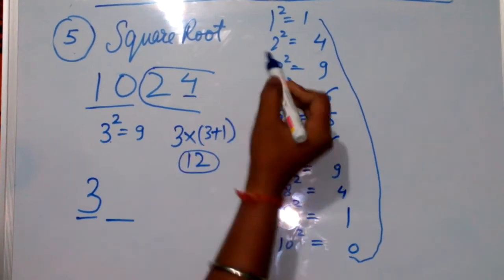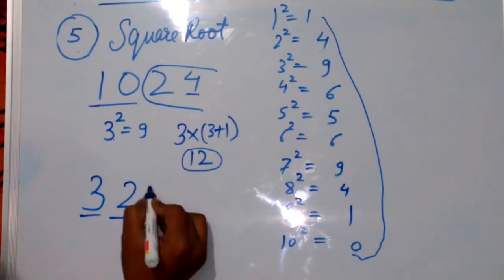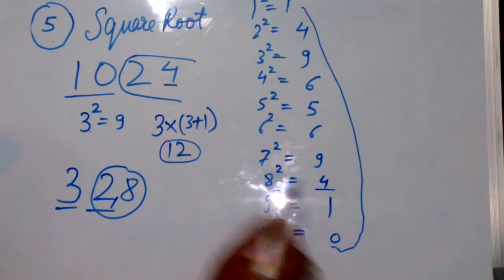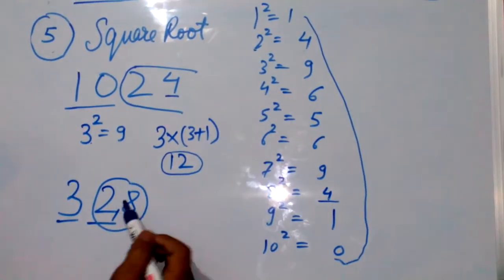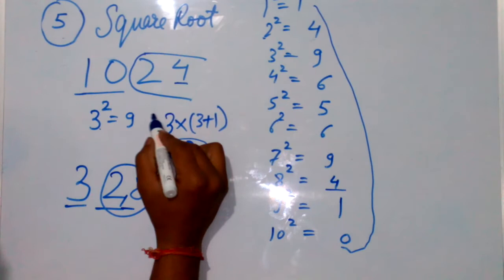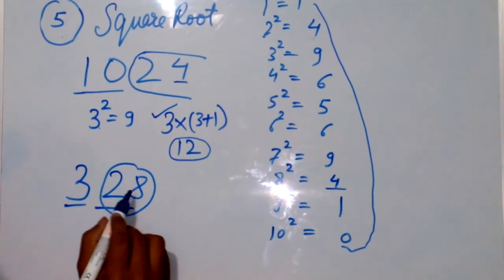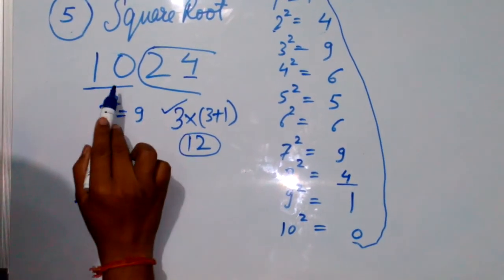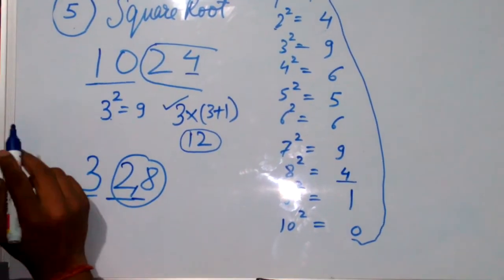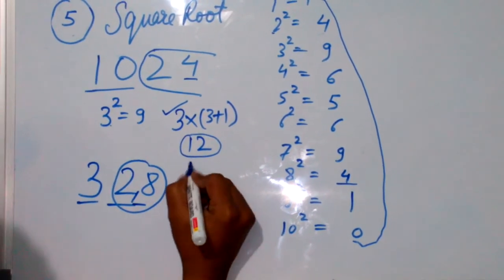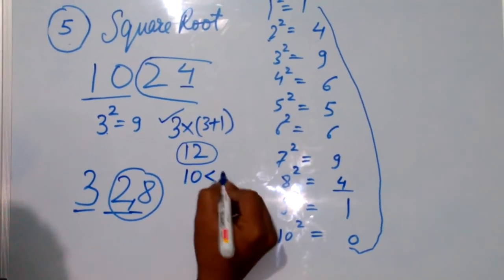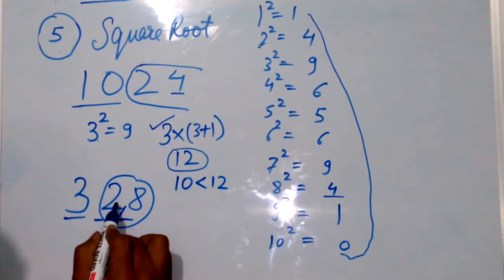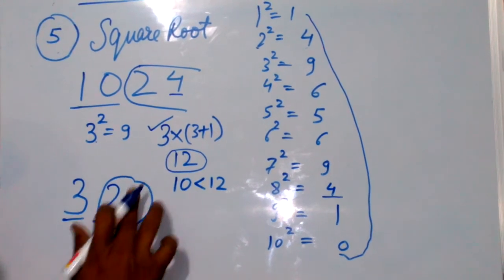How will 4 come here? It must be 2 or 8, because the square of 8 has last digit 4 and the square of 2 has last digit 4. So we decide whether it is 2 or 8 by comparing 12 with the given number. Like 10 is less than 12, so we will take the lesser number, so here it will be 32.